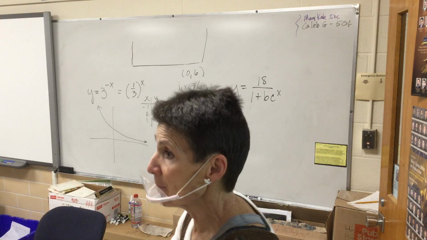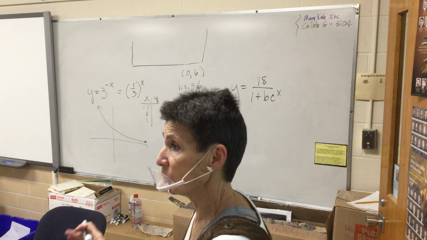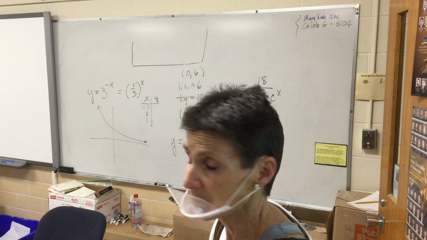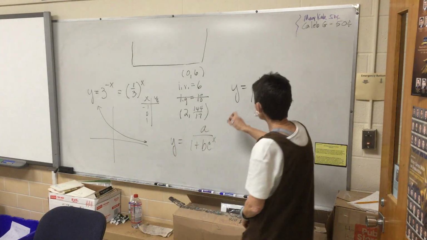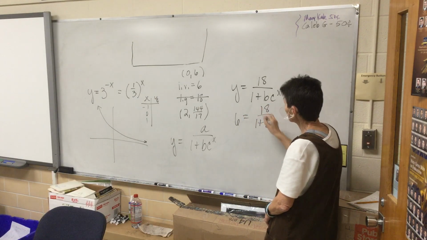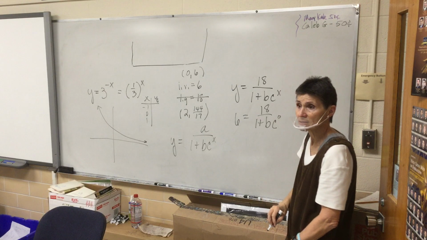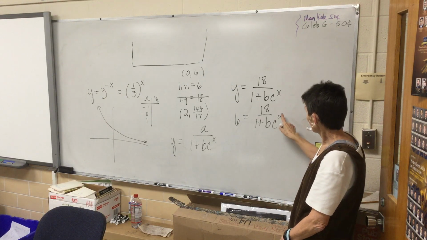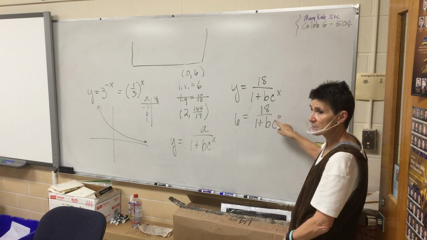So you plug that point in. The initial value and the y-intercept are exactly the same thing. So if you're given a number for the initial value, that's the y-coordinate at 0 comma that number. So if I put 6 in for y and 0 in for x, what happens to this?